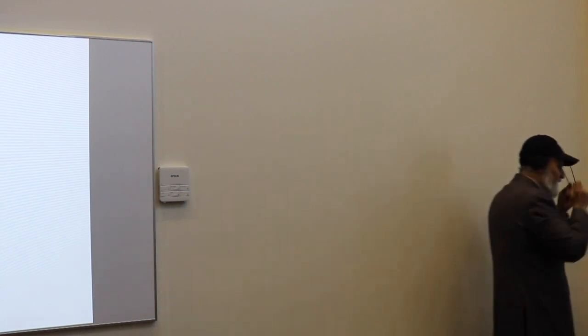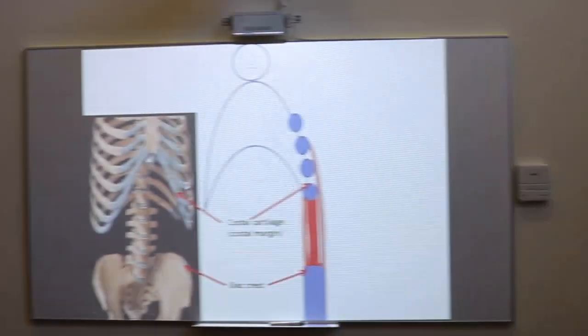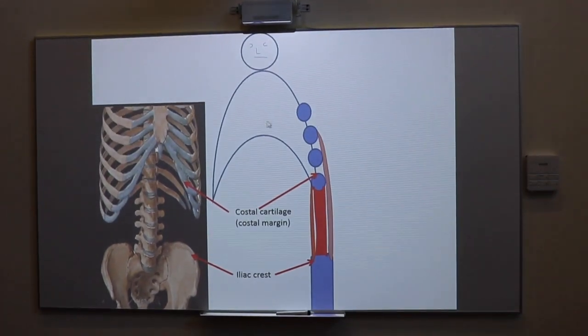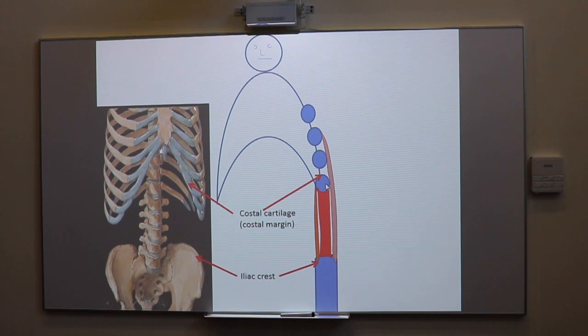This is why internal oblique will be attached to this margin, and all of these up until the first rib, the chest wall. Did we study chest at all? We didn't take chest. Good.